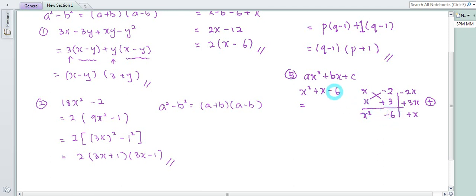Correct for this part. Negative 2x plus, this not times, plus 3x, you get positive x. Correct. So this one, I can write become x minus 2, x plus 3. Okay, so this is actually very important for this chapter.